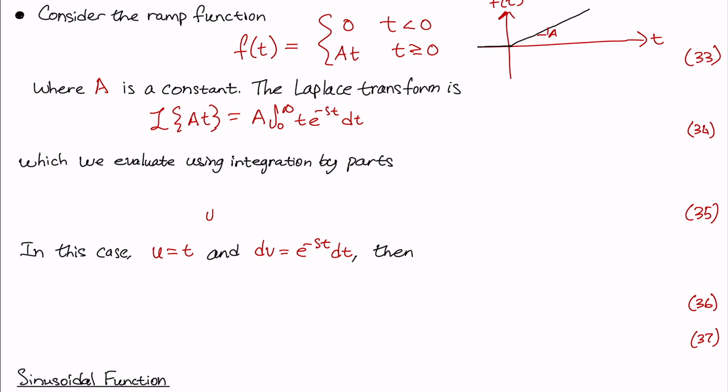So this is the general formula for integration by parts: the integral from a to b of u dv is equal to u times v, evaluated from a to b, minus the integral from a to b of v du.